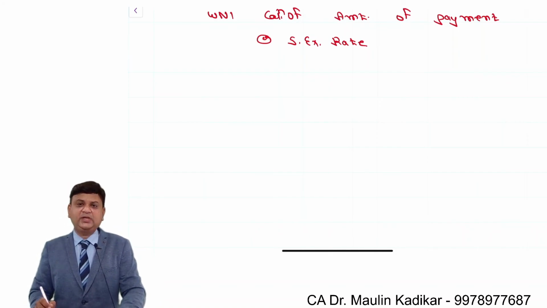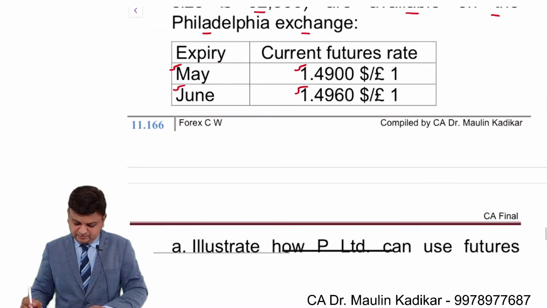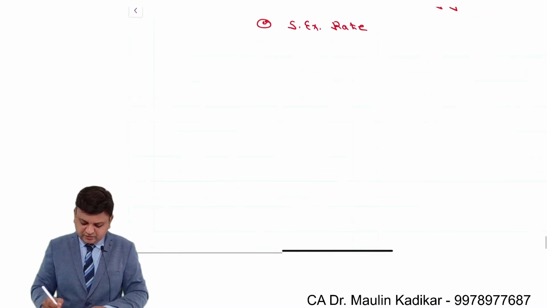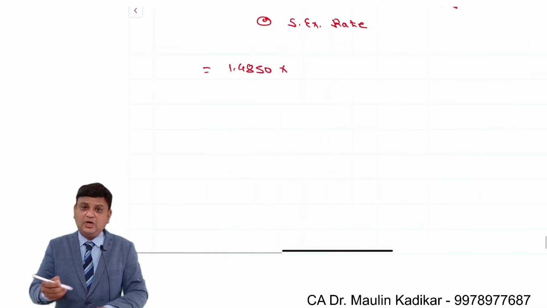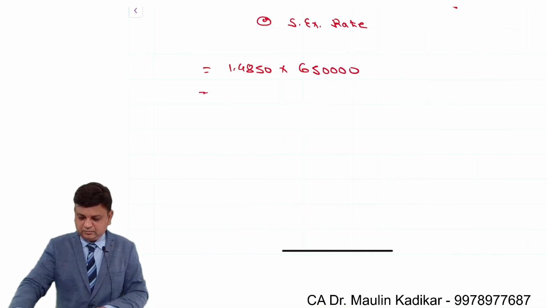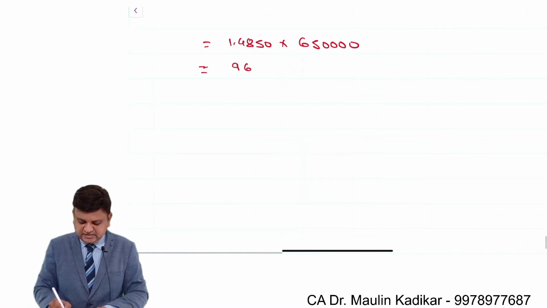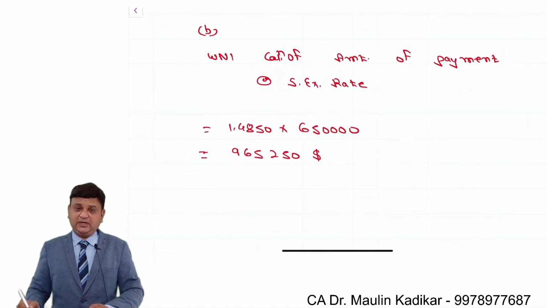For that, the spot rate on 12th of February is given to us as 1.4850. It is dollar per pound, multiplied with 6,50,000. So that comes to 9,65,250 US dollar. This is the amount of the payment at spot rate.